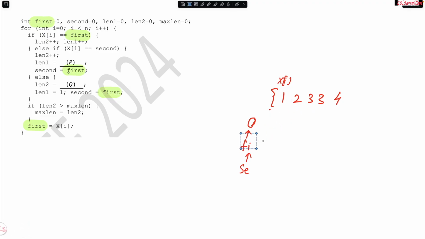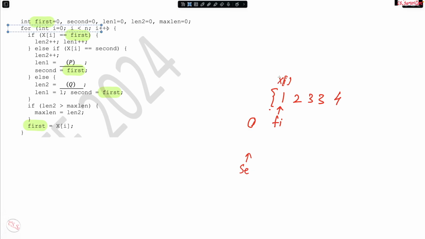Let's look at the second use. First is being used as the value that is assigned to second. As I said, first is a fundamental variable and second is a variable that is defined on top of that, from a semantic point of view. And then first is assigned the value of xi directly at the end of the ith iteration. Then the iteration ends and control goes back to the top.